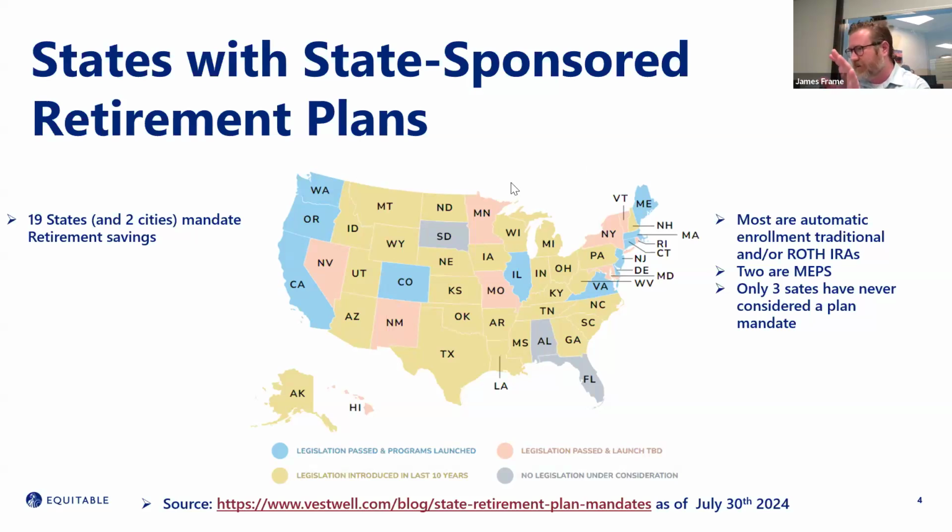But I just wanted to go over here and look at the right corner of what they actually are. All of these automatic enrollment retirement plans are either going to be Roth or traditional retirement plans.